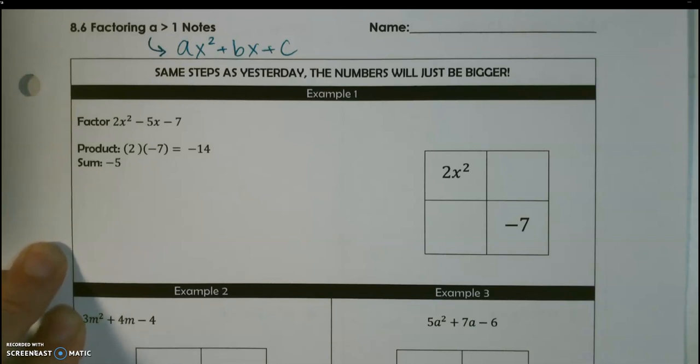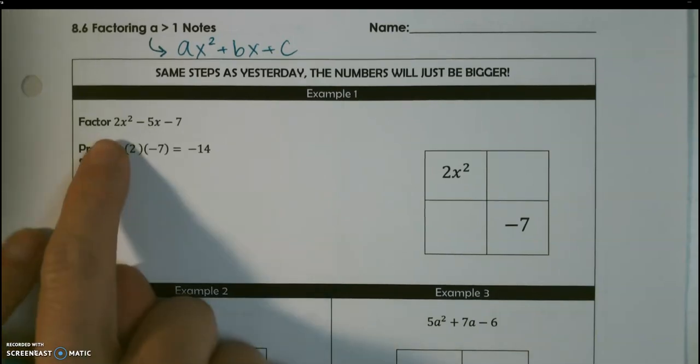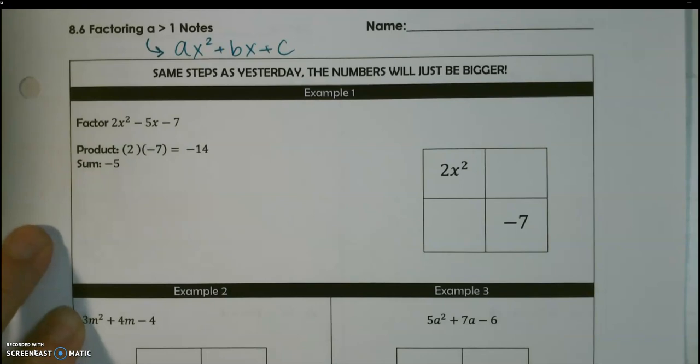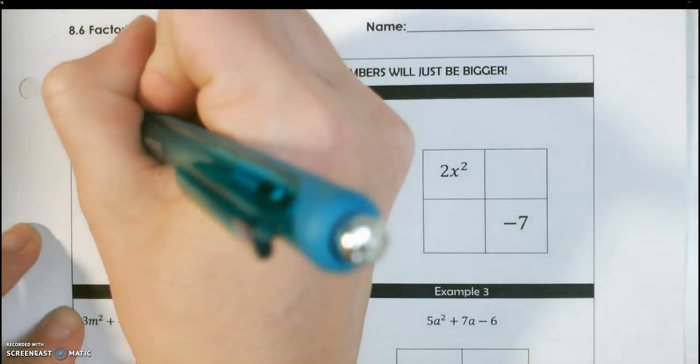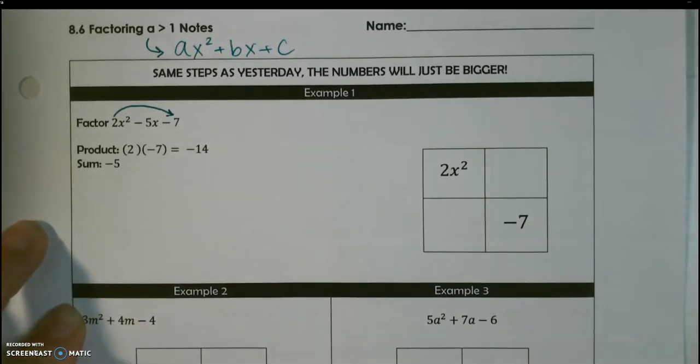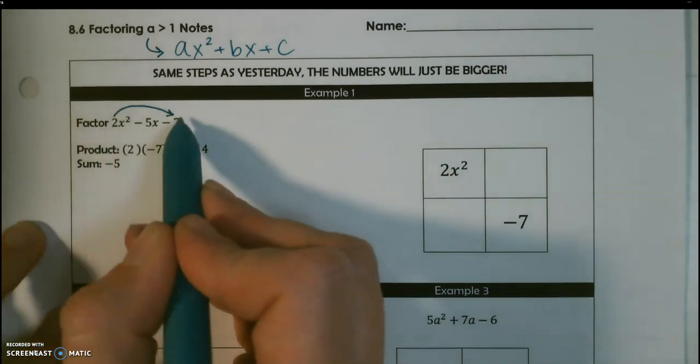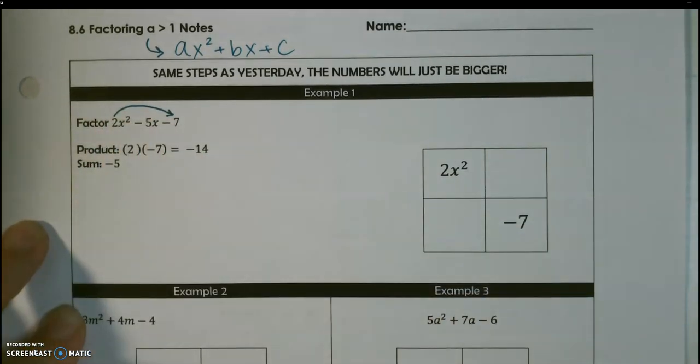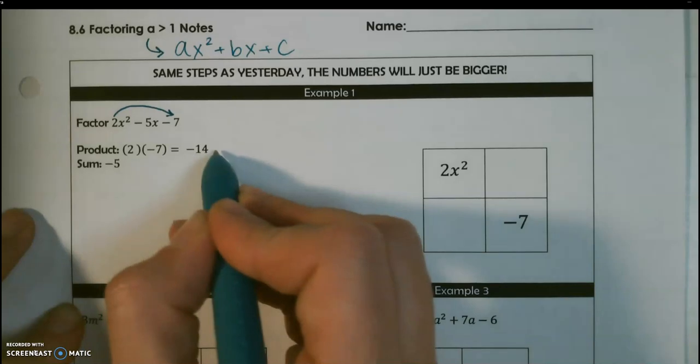However, today we will need to utilize the box method because the process is a little bit more complex when our a value is something other than 1. So what we're going to start with doing is we are going to multiply our a value to the back. So when I multiply 2 times -7, I'm getting -14.